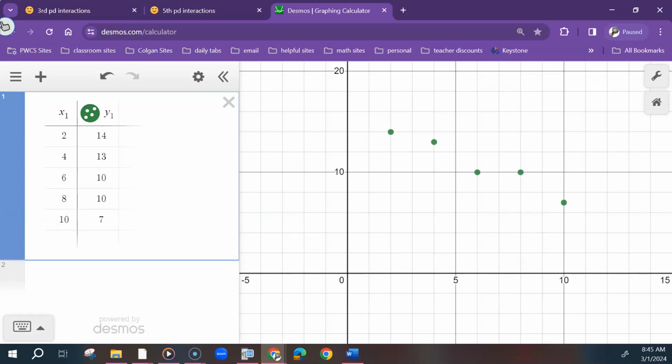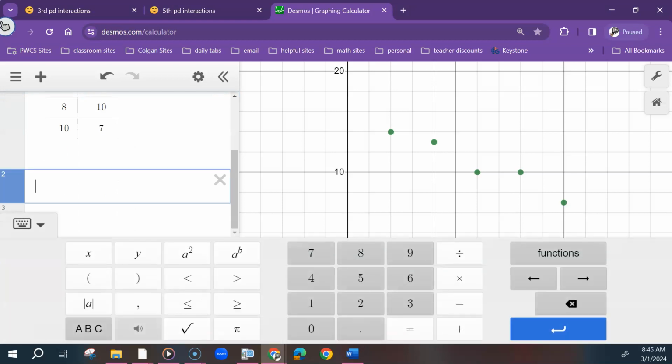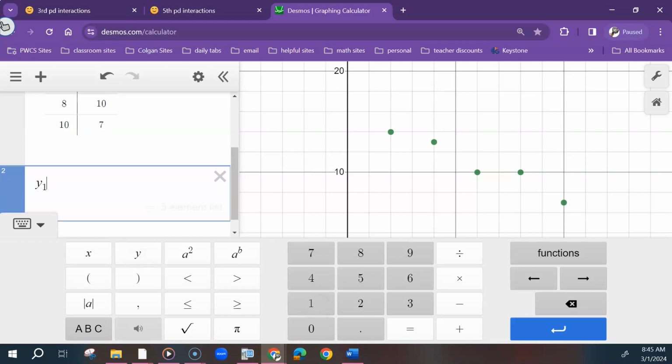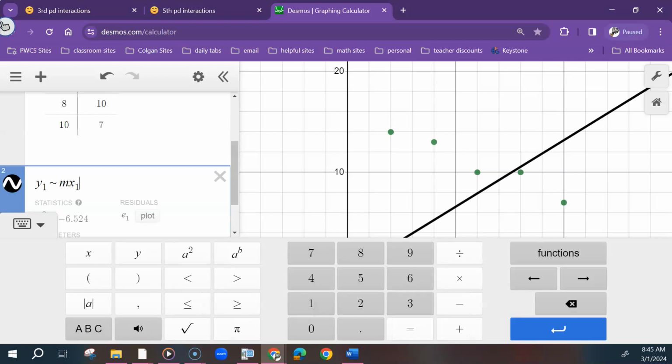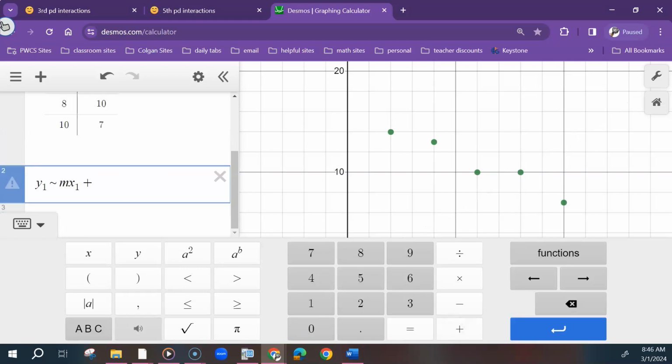Then to find the line of best fit, I'm going to type in my y1 tilde, the squiggly line, mx1 plus b. So y and then 1, in the keyboard the squiggly line, the tilde, mx1, and then plus b.